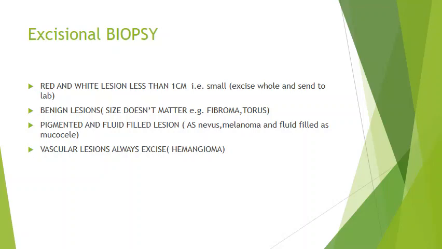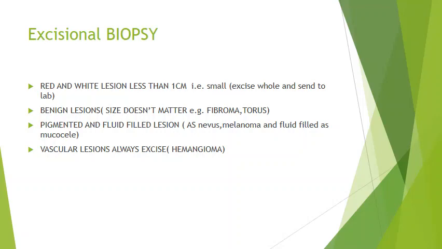Red and white lesions which are less than 1 centimeter in diameter, that is, the lesions are small, we will do excisional biopsy. We'll excise the whole lesion and send it to the lab. Benign lesions, we'll do excisional biopsy. Size in case of benign lesions does not matter. For example, fibroma, torus, you will do excisional biopsy.